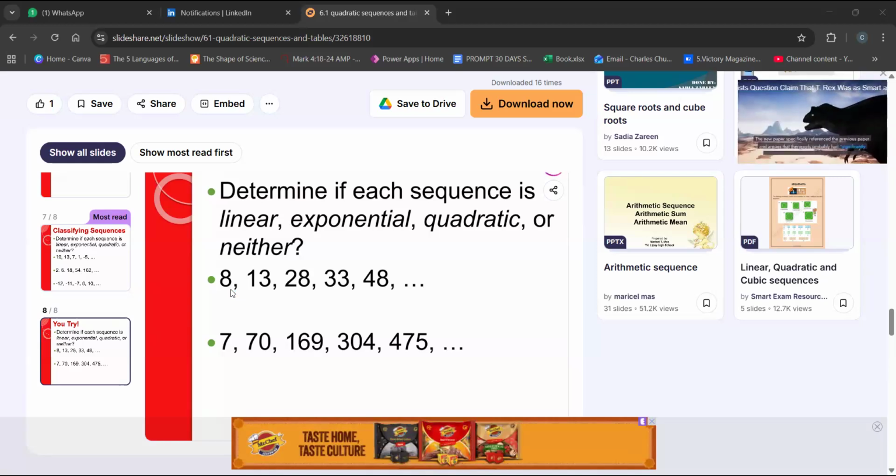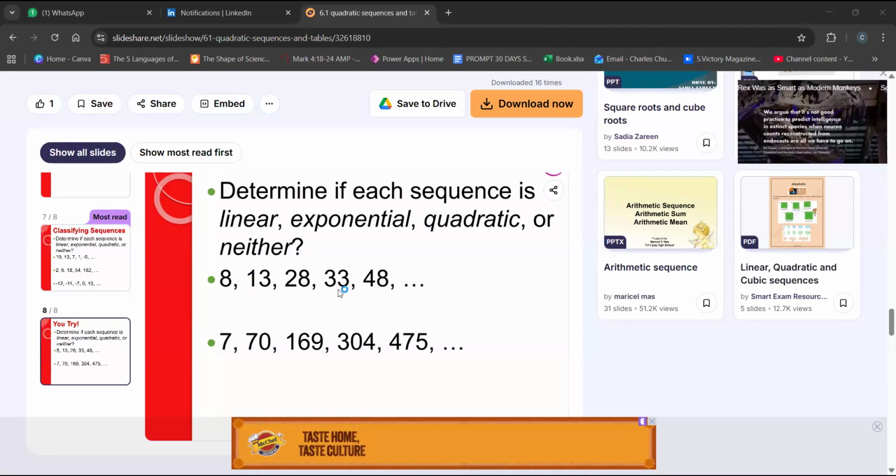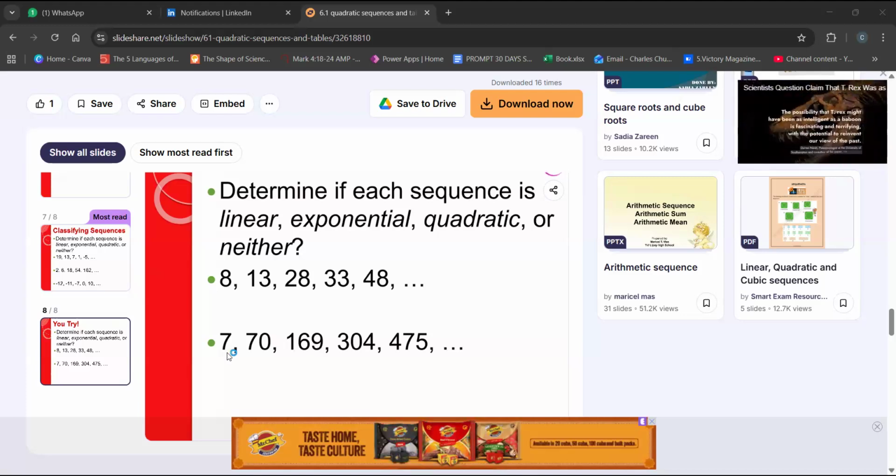So this one is not. Now, can you see among the options the question is saying linear, exponential, quadratic, or linear? So obviously this one is out of their league. It's a sequence, but it's not in any of these three. Okay, so let's look at the next one.